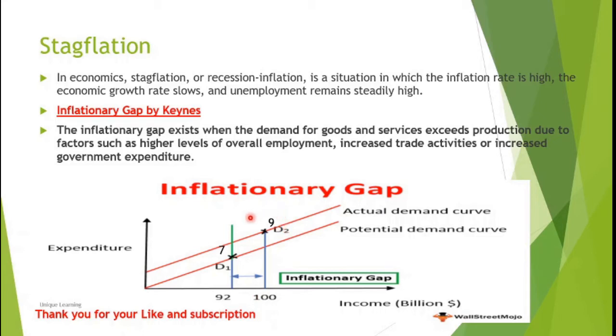So the demand for goods and services is now 9 units, which was expected only to be 7, but due to the increase in the income of the consumer, now it is 9 units. So that increase or gap which was not expected is known as the inflationary gap.